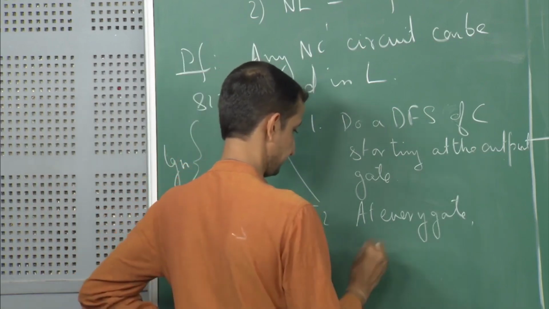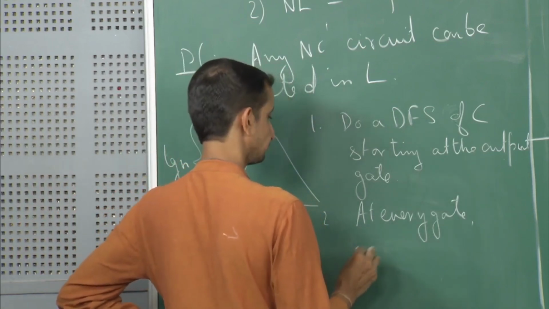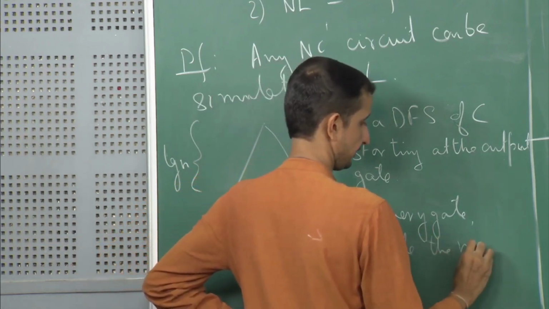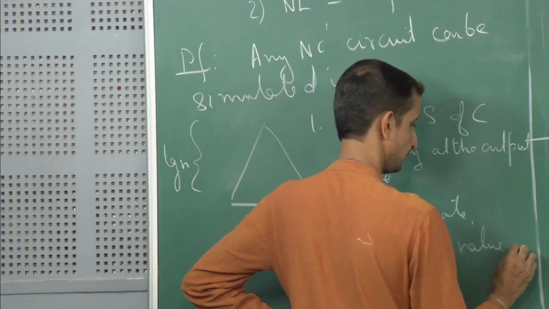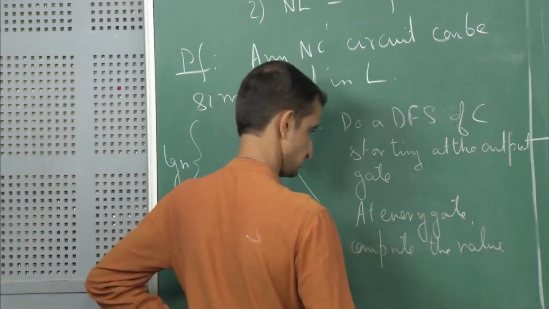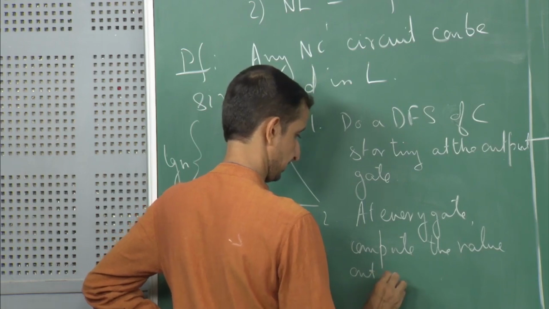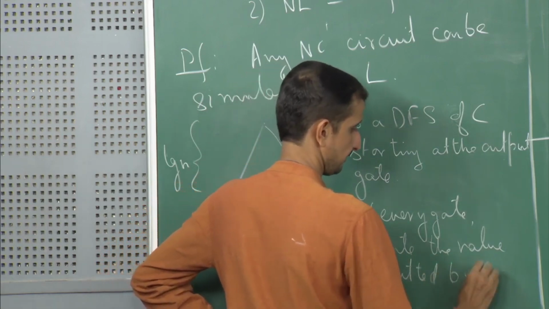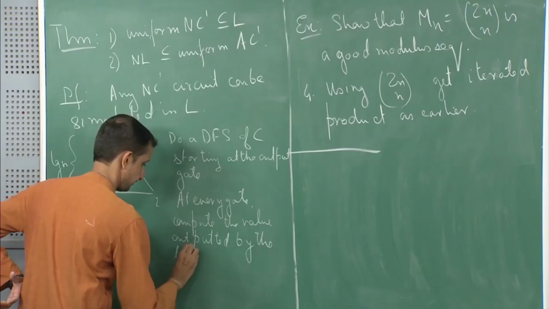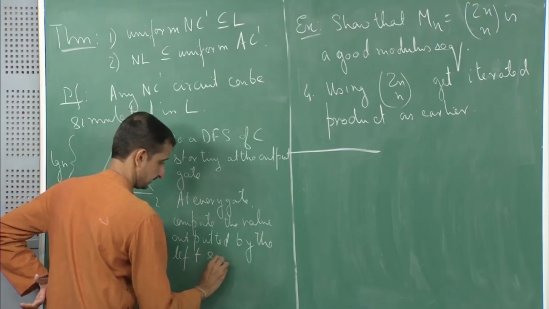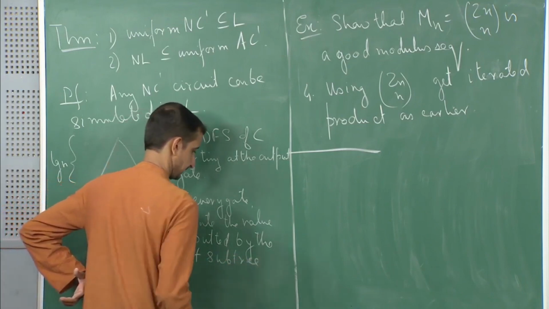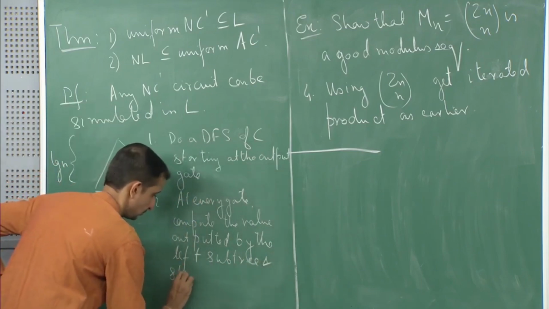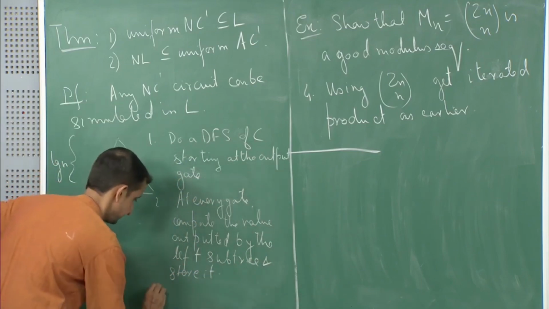At every gate, compute the value outputted by the left subtree, and store it.